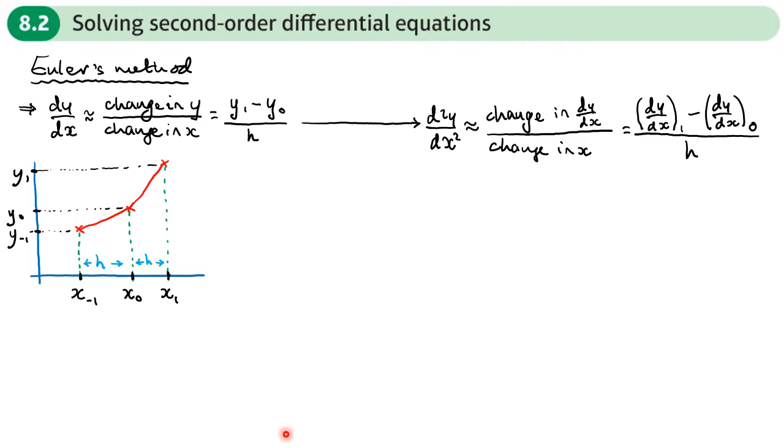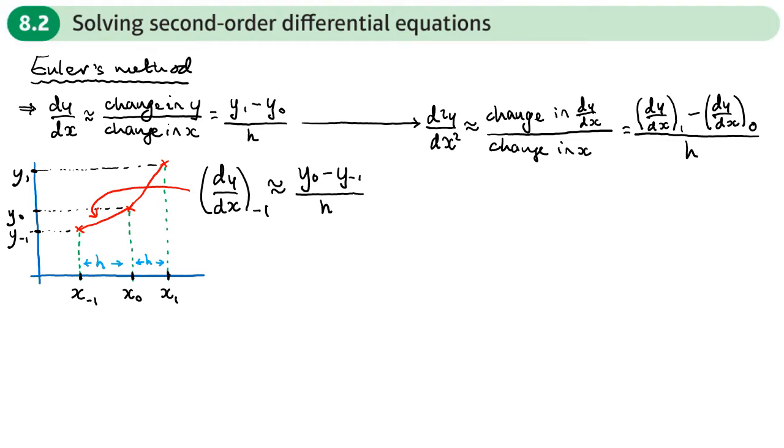Now the gradient at that point, which will be dy/dx at this minus 1 here, on x minus 1, well, that's going to be approximately the change in y over the change in x. Remember, the change in x is h, so this is approximately y0 minus y minus 1 over h. Okay, so that represents the approximate gradient here.